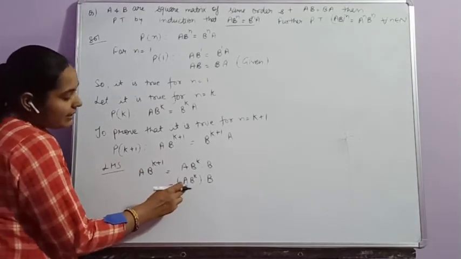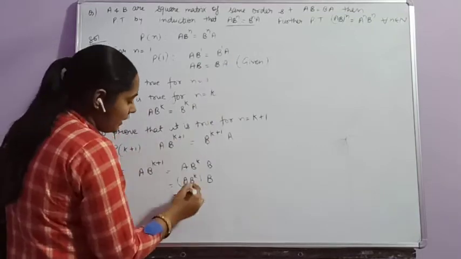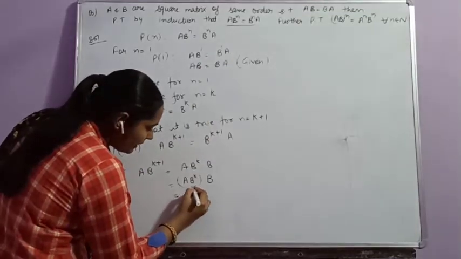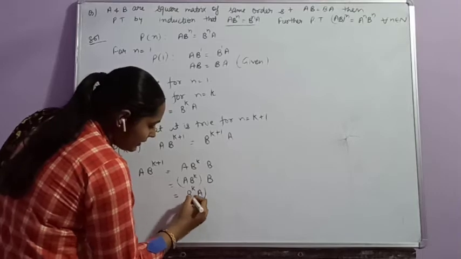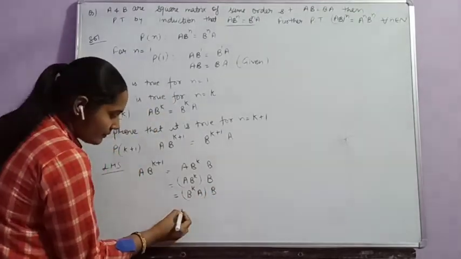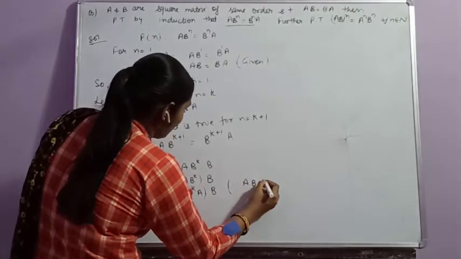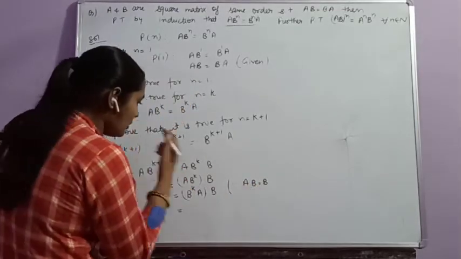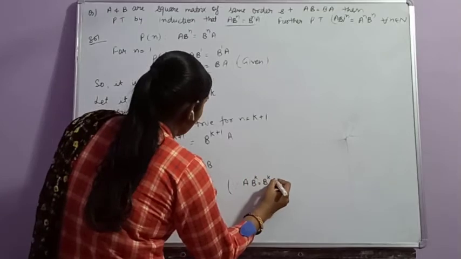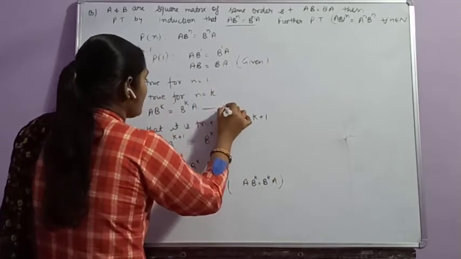We are given that AB is equal to BA, so it will be equal to B^k into A into B. As AB raised to the power k is equal to B raised to the power k A from equation 1.